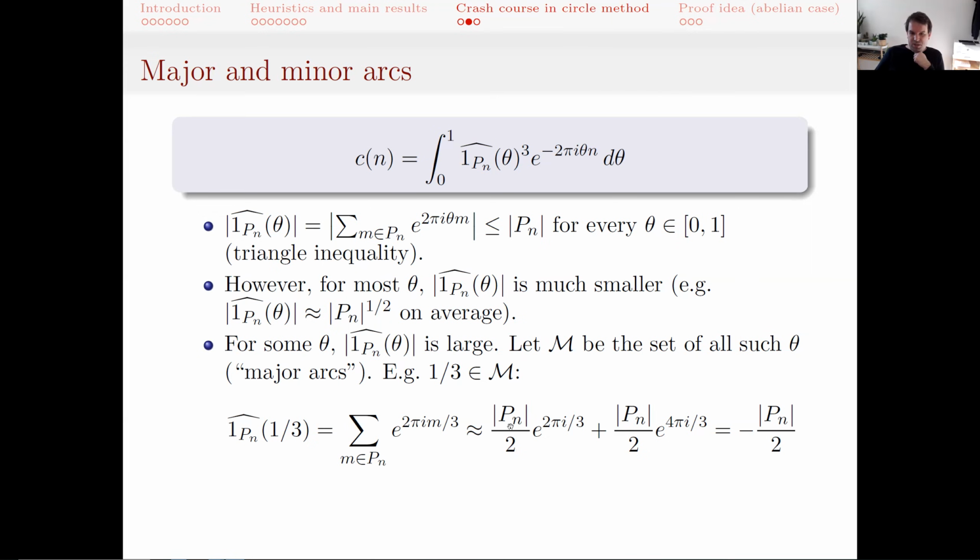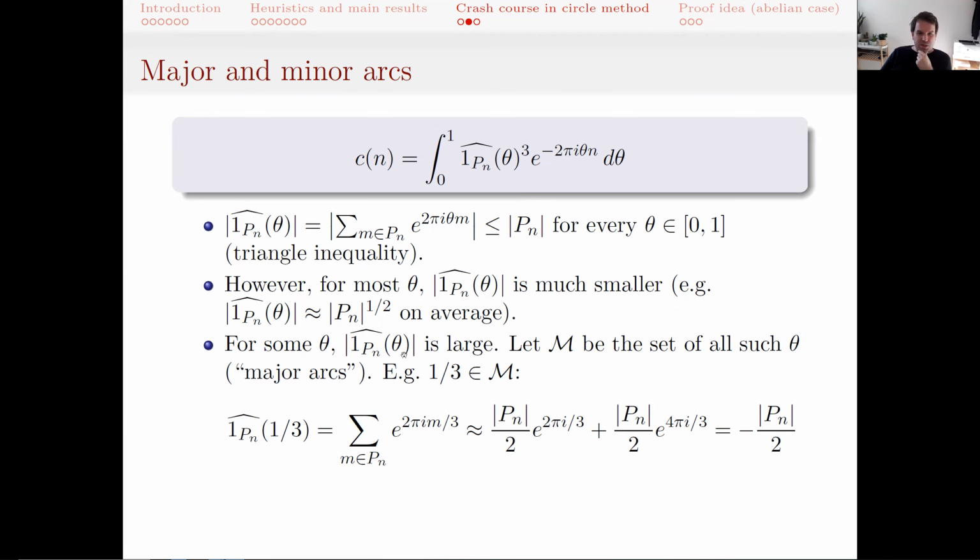And if that is indeed the case, then it should be basically Pn over 2 times whatever is the contribution for each prime congruent to 1 mod 3, and then Pn over 2 times whatever is the contribution from each prime congruent to 2 mod 3. And then this is equal to minus Pn over 2. And we think of this Pn over 2 as being very large. It is a constant proportion of the largest possible value.